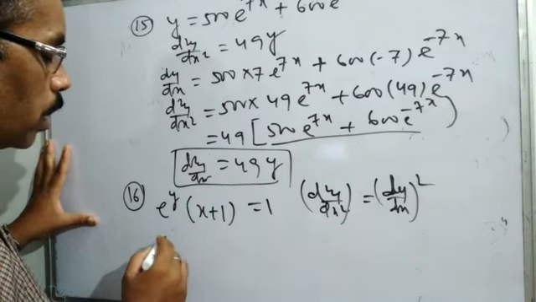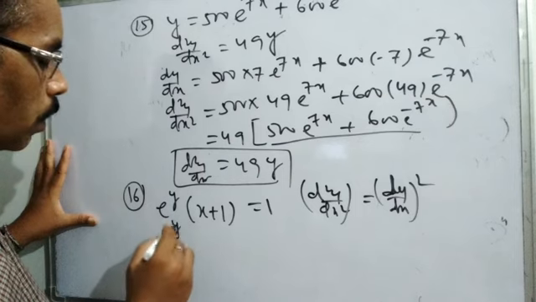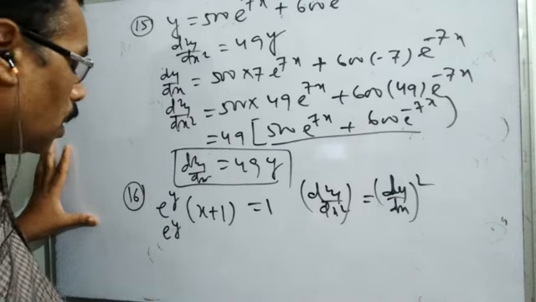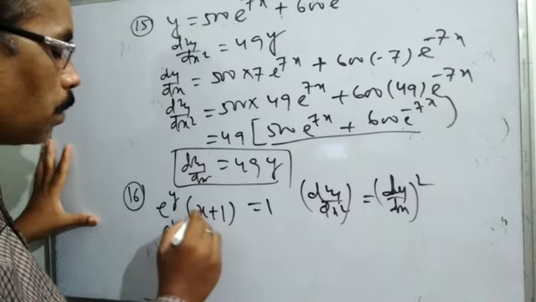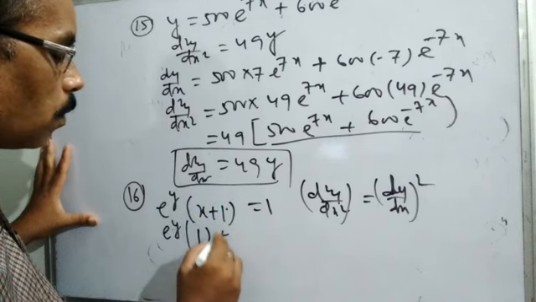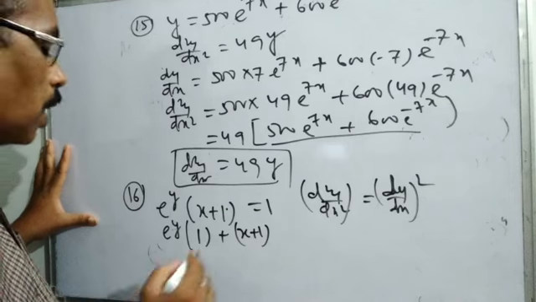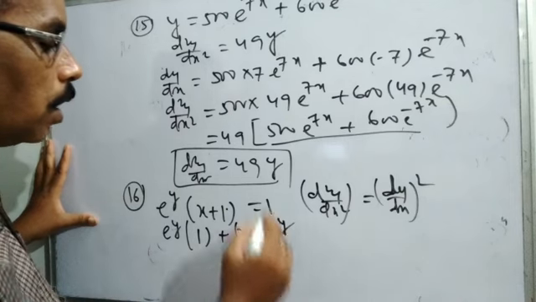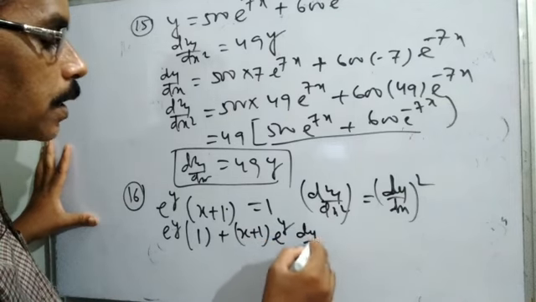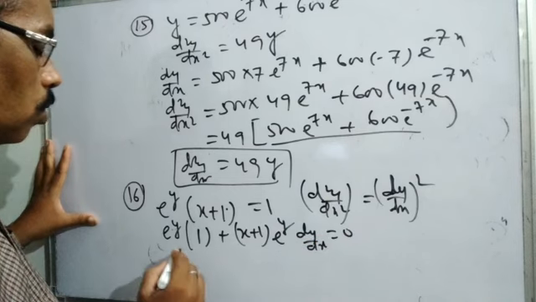The product rule is used here. e to the power y, consider as constant, then the derivative of x plus 1 will be 1, plus again x plus 1 will be constant, and the derivative of e to the power y is e to the power y into dy by dx, and the derivative of 1 is equal to 0.